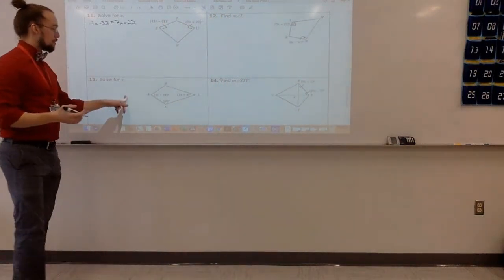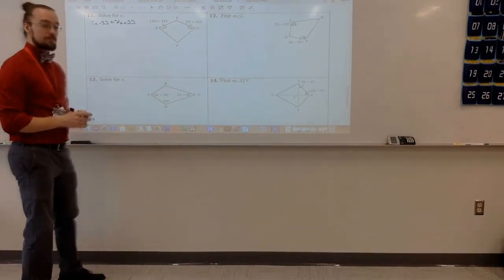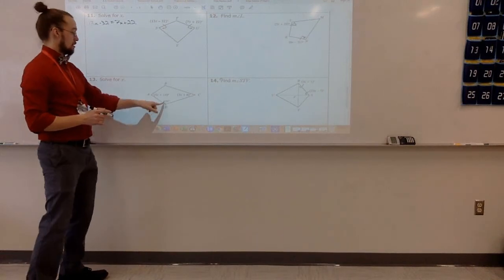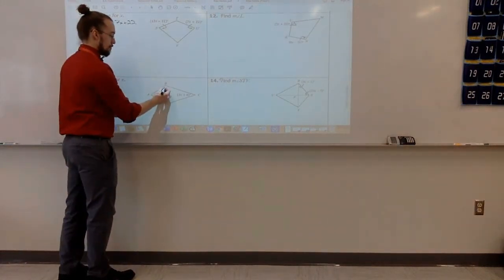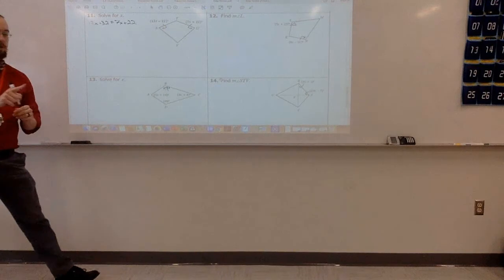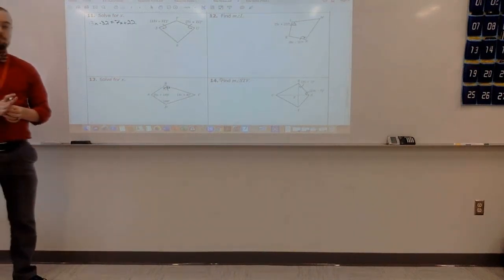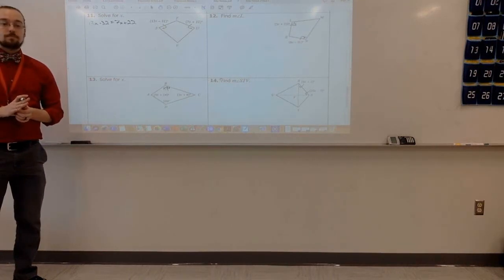What about number 13 here? What's going on here? B and D would be congruent. So B is equal to 109. Yep, B and D would be congruent, so that would be 109. So would you have to add 109 plus 109 and then add 5x plus 14 plus 3x plus 8 equals 360?